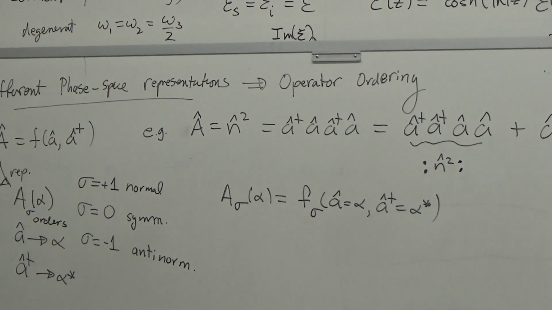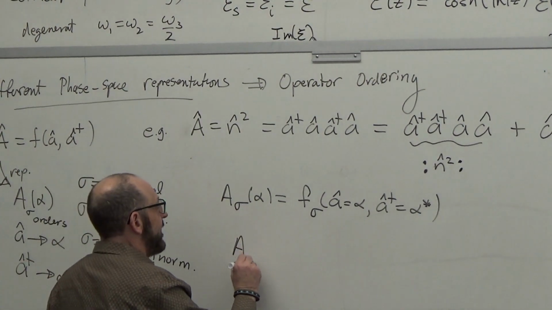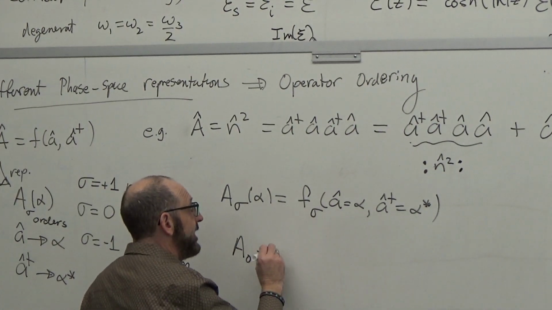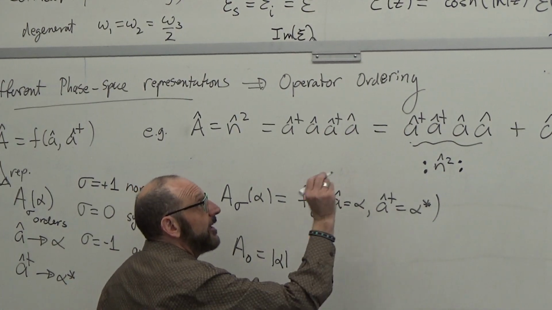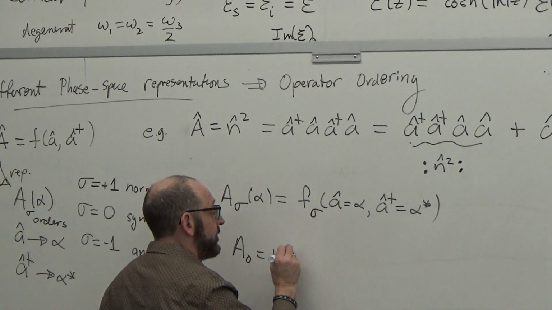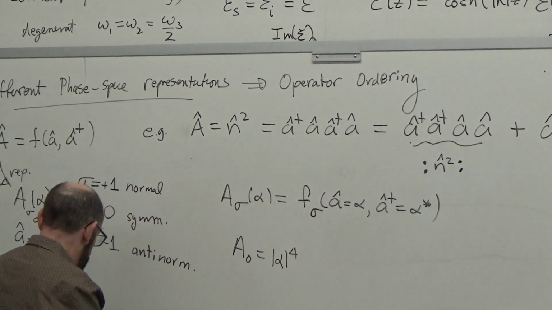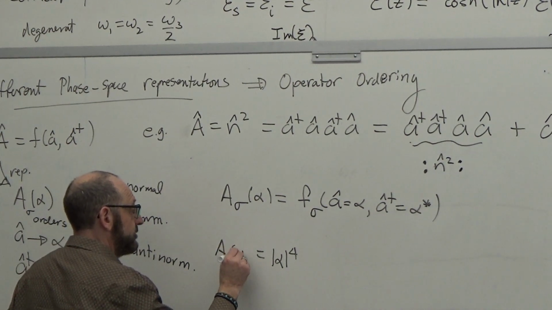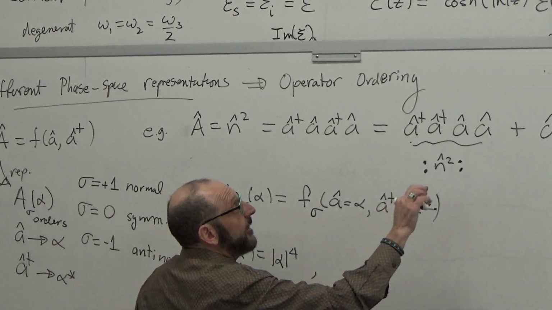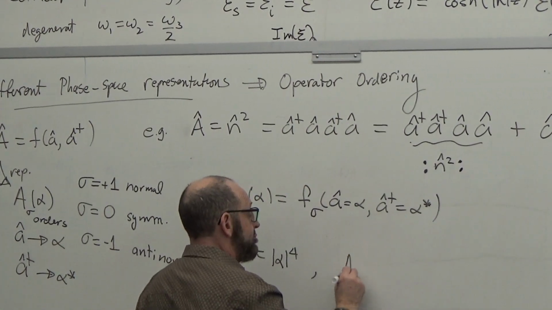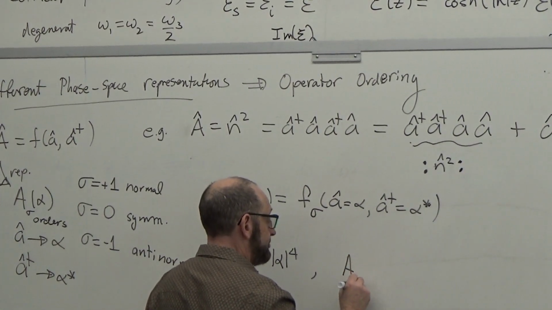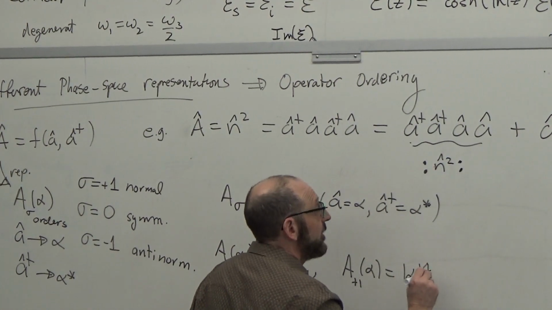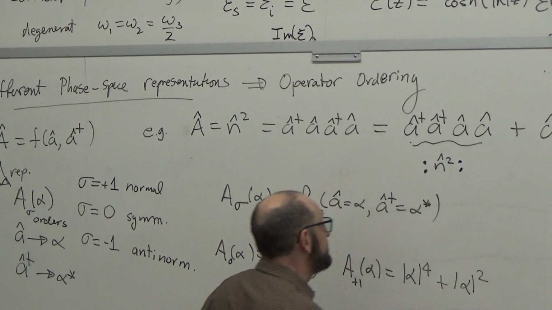So for example, A0 here is this guy, that's a symmetric guy. That's going to be alpha to the 4th. The normally ordered guy is alpha to the 4th plus alpha squared.